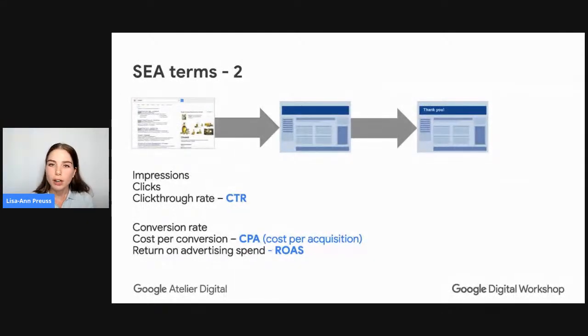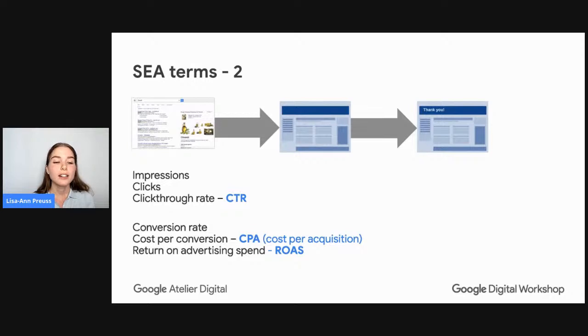This number can vary, especially depending on the type of campaigns that you're currently running. For brand campaigns, the click-through rate can be much, much higher. And for other campaigns where you have lots of competitors, the click-through rate may also be lower, but 5% is a pretty good rate to have as a click-through rate.